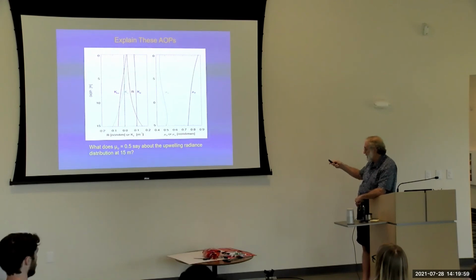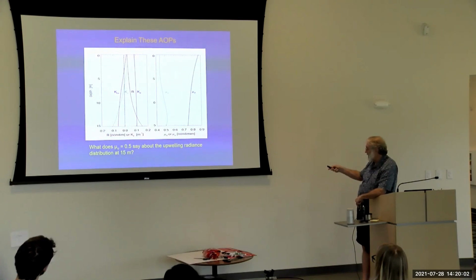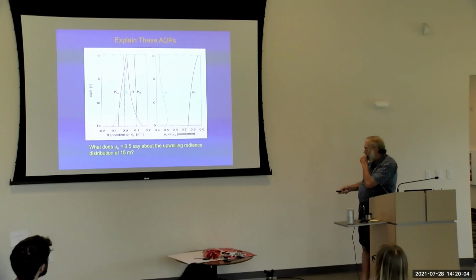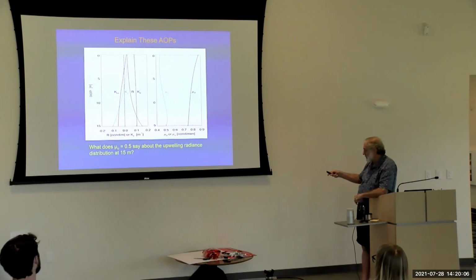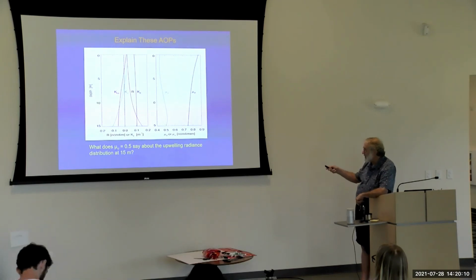And here's the mu bar D, it's up around 0.7 or 0.8. But mu bar U is somewhere around 0.5. You'll notice here, the R went to 0.15 and the mu bar U went to 0.5.